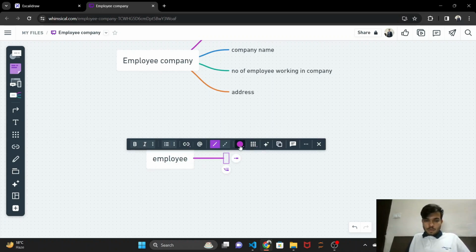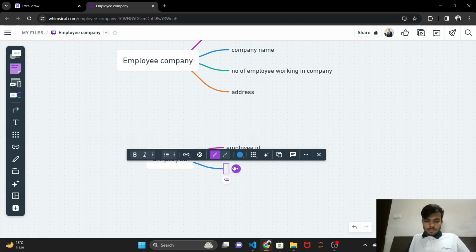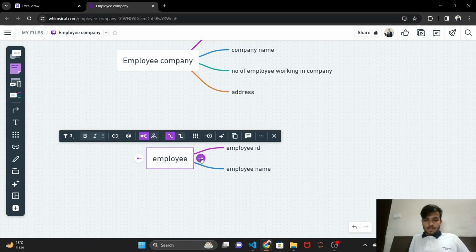So the next we will have another entity named employee. Employee will also have various attributes such as employee ID, and another will be employee name. Here employee ID will be the primary key because every employee is given an ID which will be unique and not null, so that they can find out the employee and more information about them.